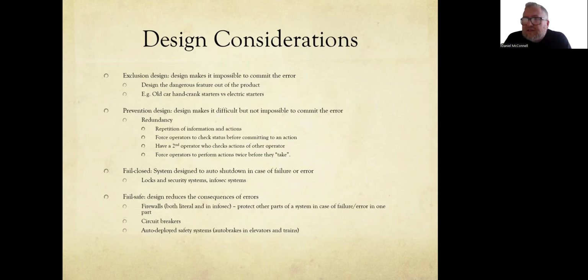A fail-safe is a way of trying to maintain safety in the face of failure, right? So we have a firewall. Now, a firewall historically is meant to be an actual wall that a fire will not burn through, right? So in case you're in a building and one part catches on fire, the presence of a firewall will prevent the fire from spreading to other systems, and this helps minimize the damage.